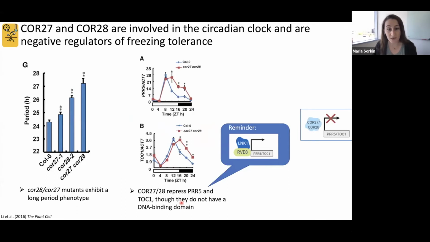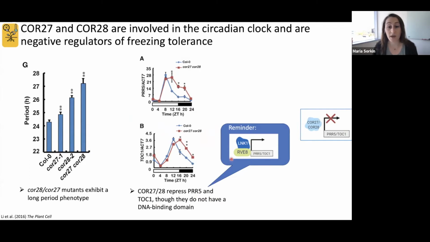Additionally, very excitingly, this paper demonstrated that the CORs are repressors of PRR5 and TOC1, those two evening expressed circadian clock genes that are activated by the LNK-Rev transcriptional complex. Specifically, the CORs appear to be repressors of these genes at the end of the day towards dusk, so there's a time of day specific component there as well.